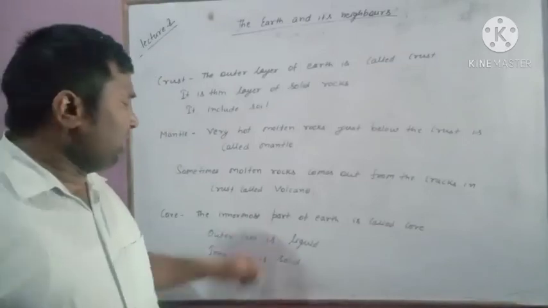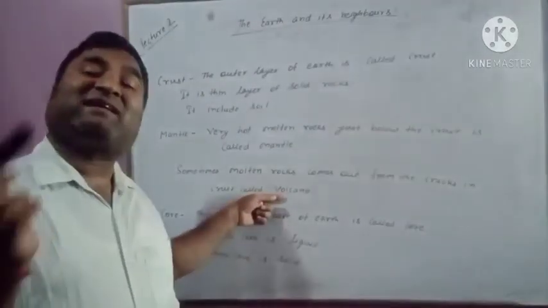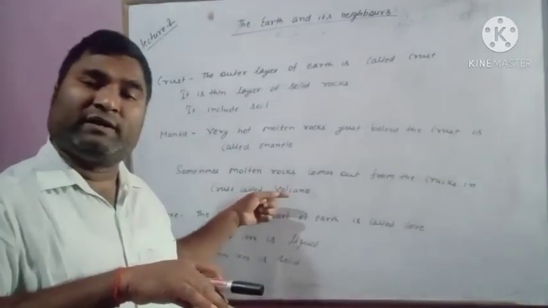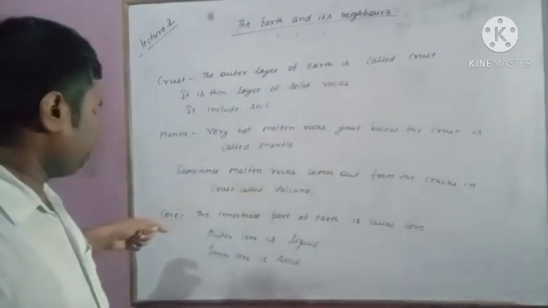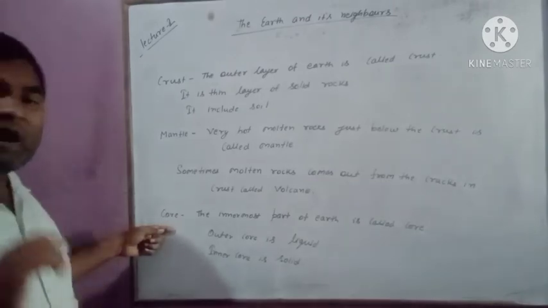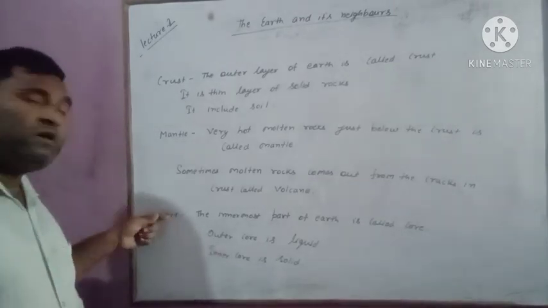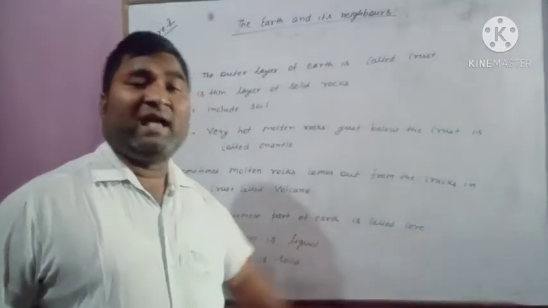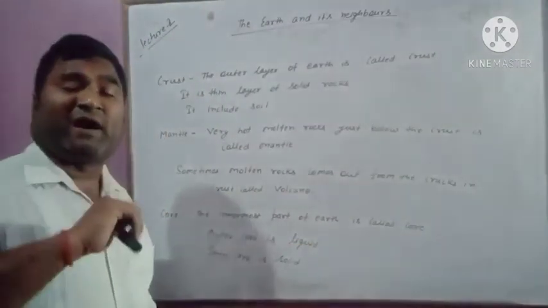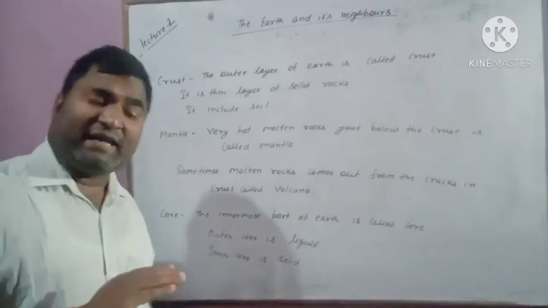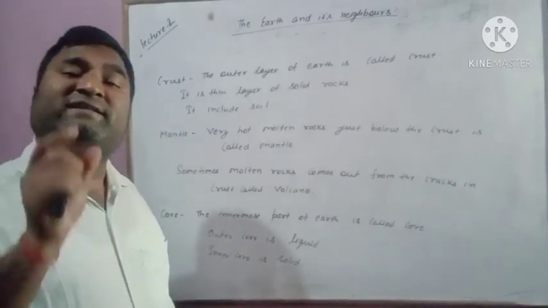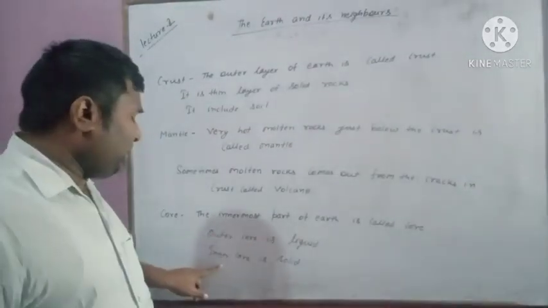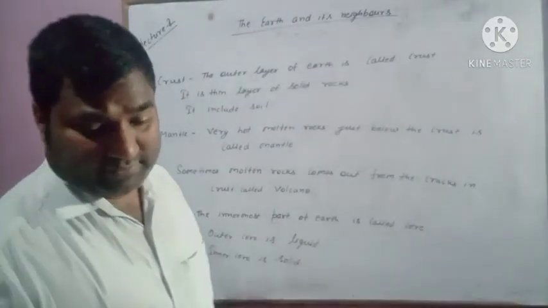Saying again, the crack in the crust through which molten rocks come out is called volcano. The innermost part of the earth is called core and it is divided into two parts, outer core and inner core. The outer core is liquid and inner core is solid.